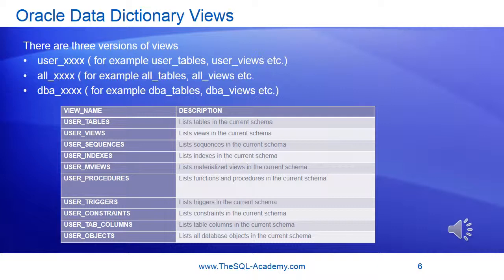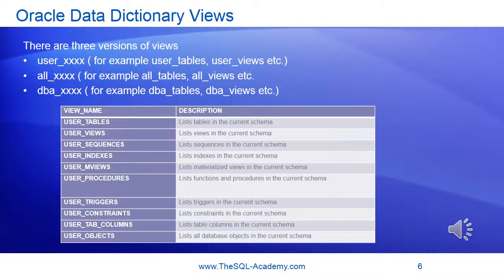For example, all_tables will have all the tables owned by your current user plus the ones on which you have select, insert, update, delete, or grant privileges. And the dba_ views will have everything in our Oracle database. For example, dba_tables will have all the tables in our database. That includes the database objects owned by system and all other users too.